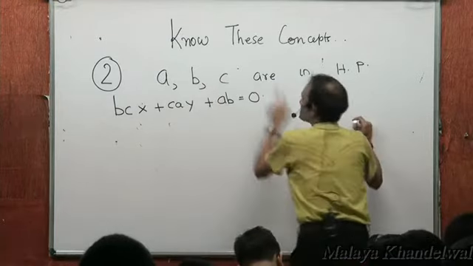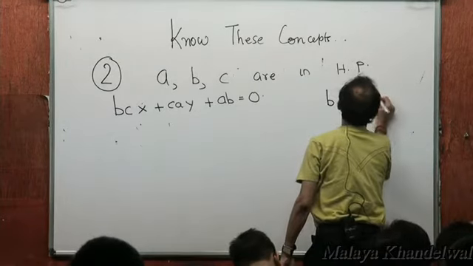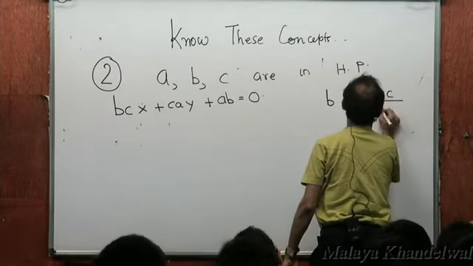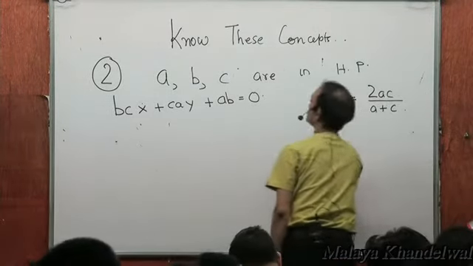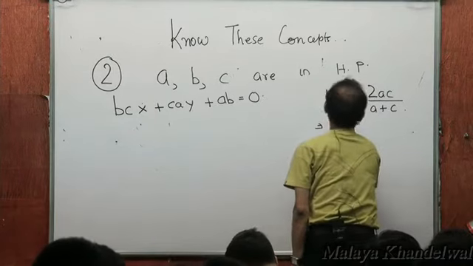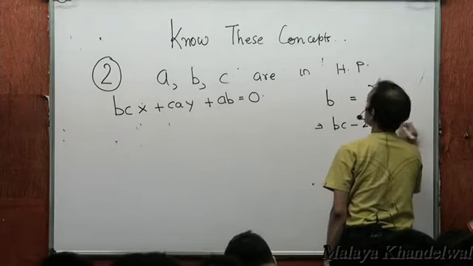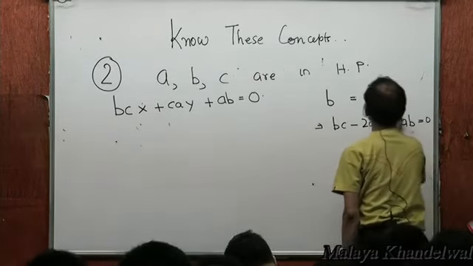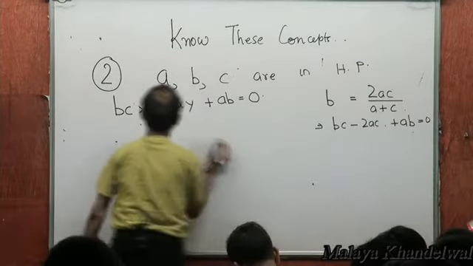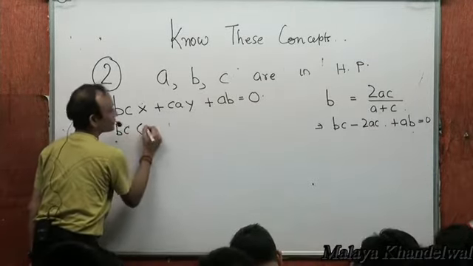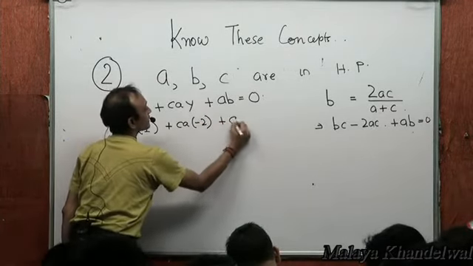A, B, C in HP means B must be the harmonic mean of A and C. B must be 2AC by A plus C. Which means BC minus 2AC plus AB must be 0. Which is like BC into 1 plus CA into minus 2 plus AB equal to 0.